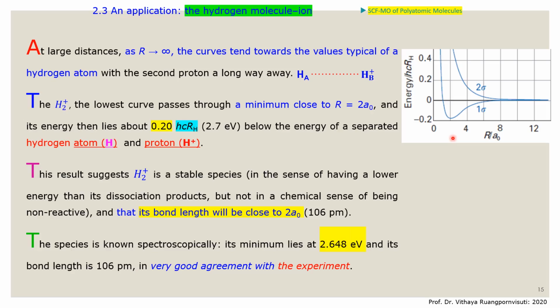The value of 0.2 Hartree is equivalent to 2.7 electron volts below the energy of a separated hydrogen atom and the proton H+.